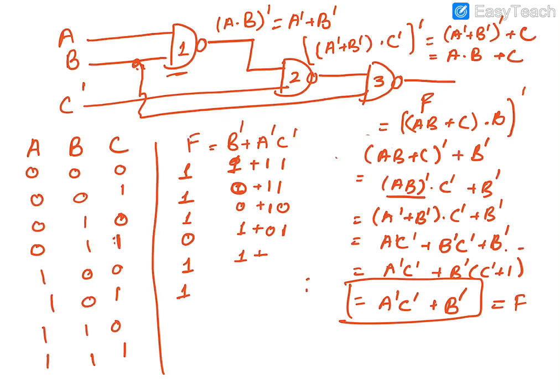For 1 1 0, we have B prime 0 and A prime is also 0 and C prime is 1. So 0 plus 0 is equal to 0.